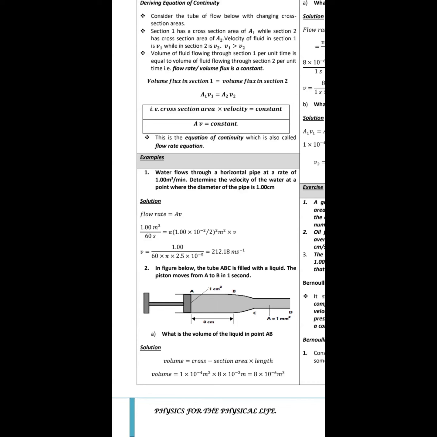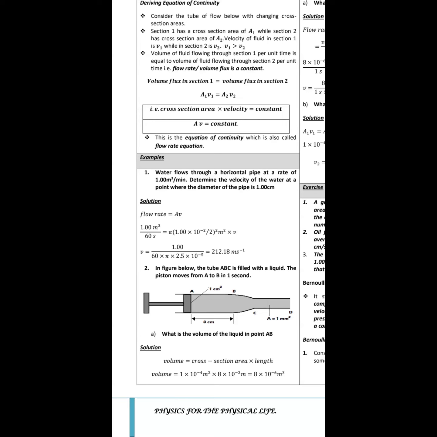What is your name? Tobias. Yes. Continue. So the formula, we use the formulas of getting the volume flux. The first one would have been the cross-sectional area times the distance over time, which will be the volume flux of that region AB, 8 times 10 power negative 6.